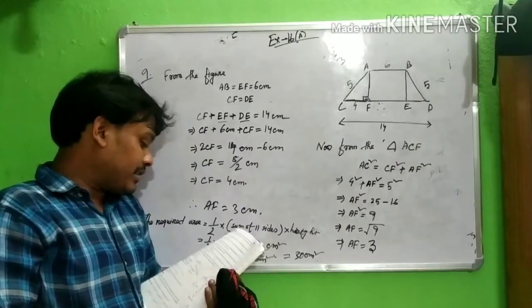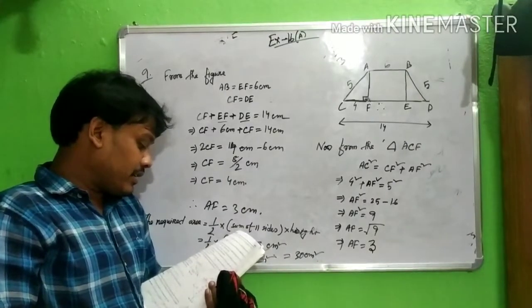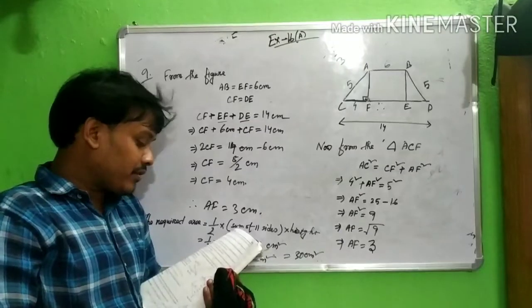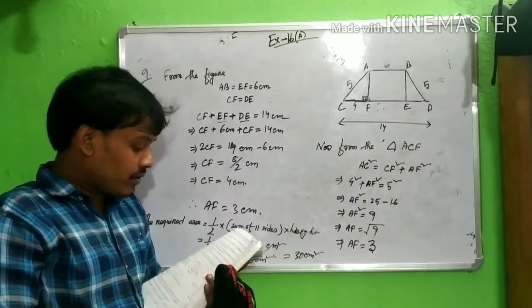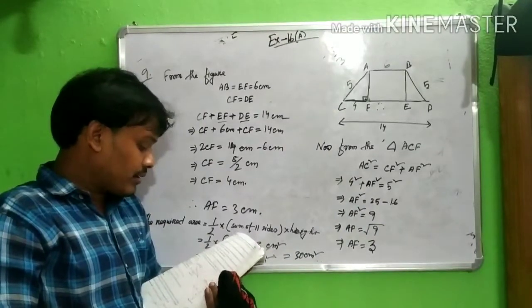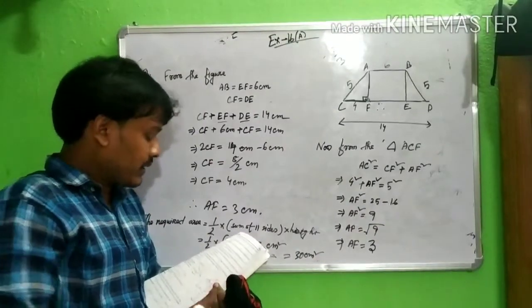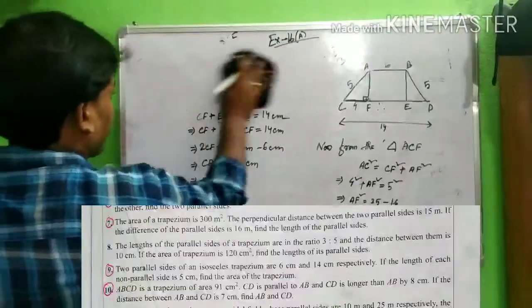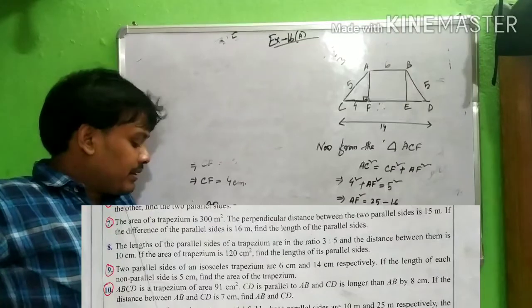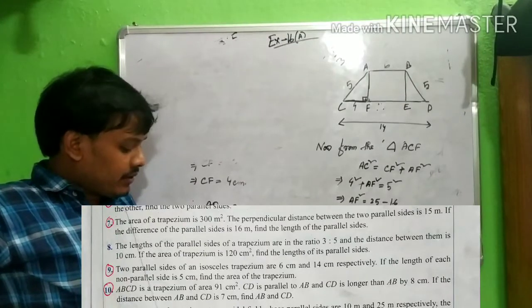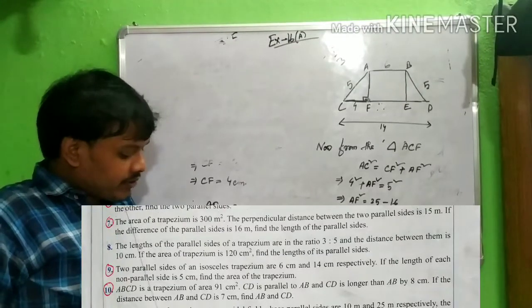Pin number is the same as the 7 number. Yes, 7 number. The question is: ABCD is a trapezium of area 91 centimeter square.